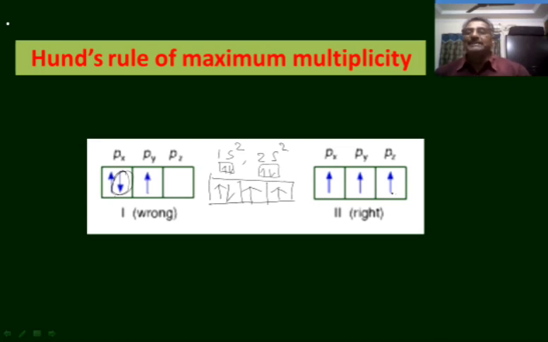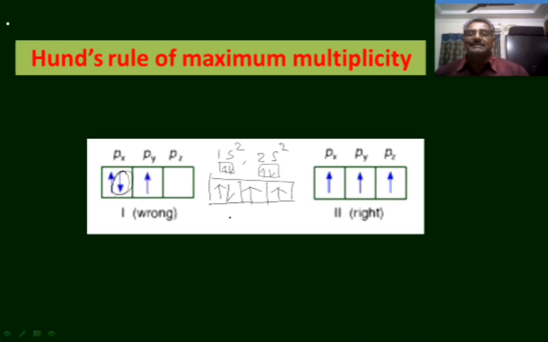If the spin multiplicity increases, the stability of the atom increases. So, maximum multiplicity is to be given by the filling of electrons in the degenerate orbitals. Because of that, this rule is called Hund's rule of maximum multiplicity. Electrons occupy the orbitals in order to give maximum multiplicity.